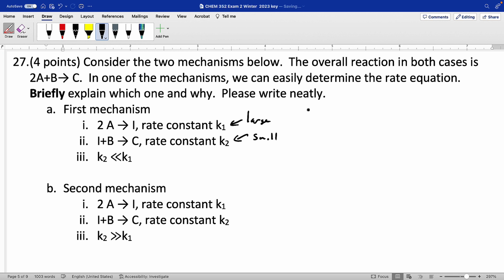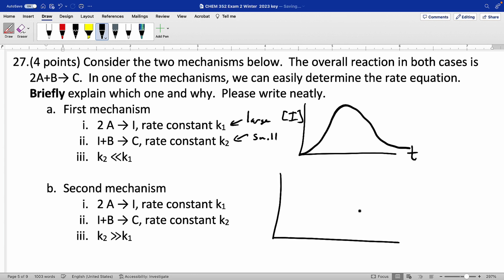If we were to graph the concentration of I, our intermediate, as a function of time, in this first mechanism, because we have a large rate constant building up the intermediate, it's going to build up and then it's going to get consumed.